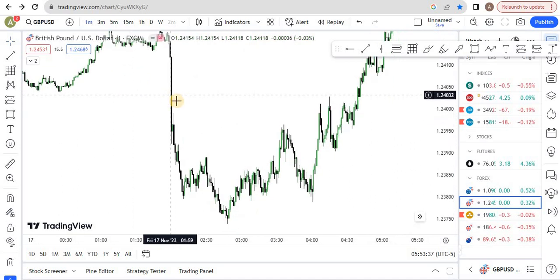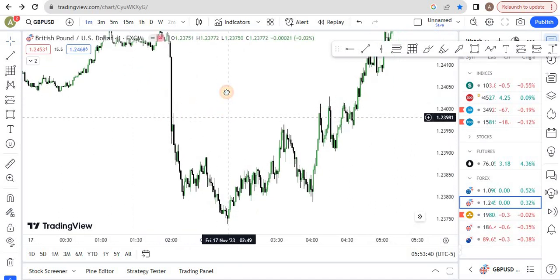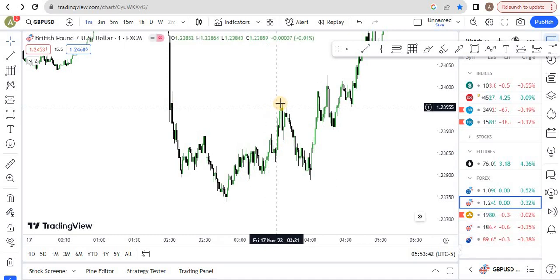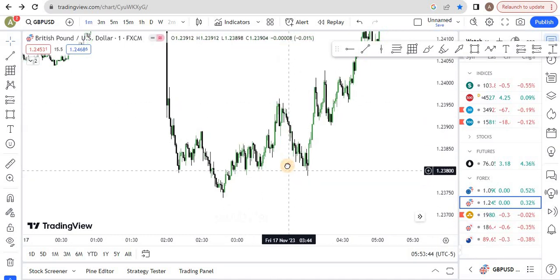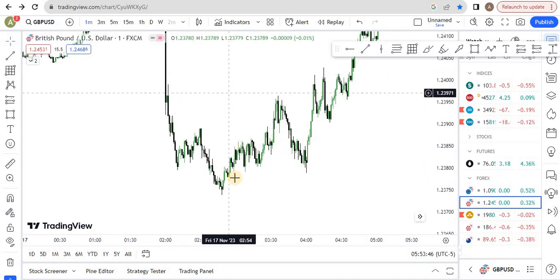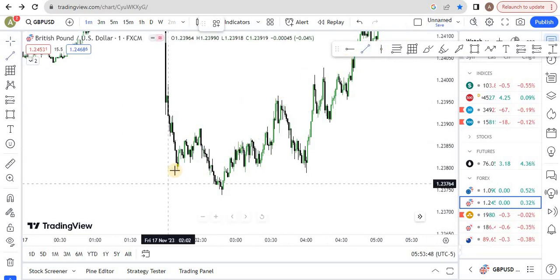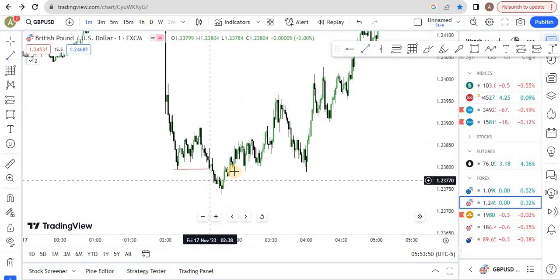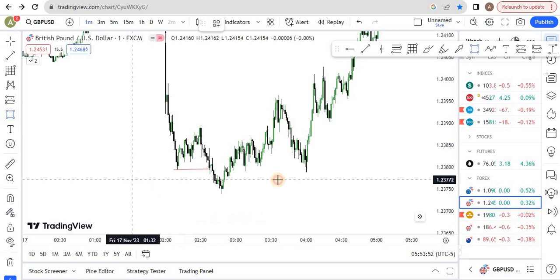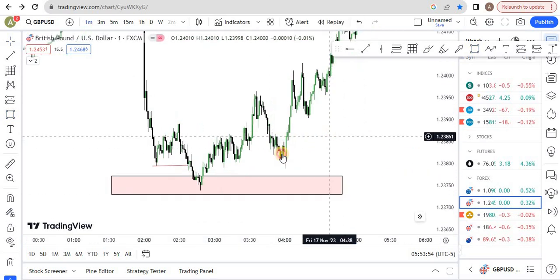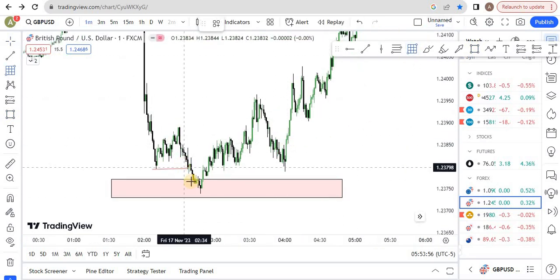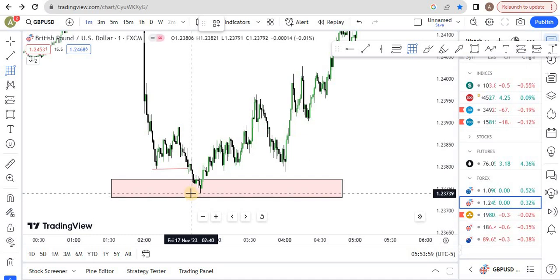Like in GBPUSD on 17 November, London is open. Before London there was news, and you see price took out liquidity. There should be a higher time frame PD array here. Then we want to enter, so where should we enter?